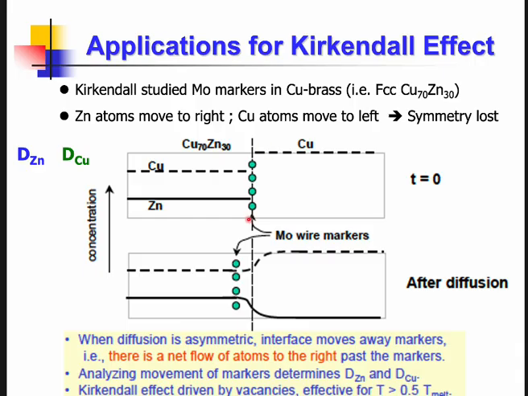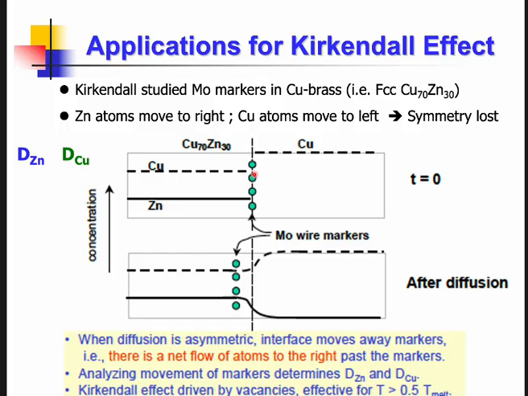At the interface, we use a molybdenum wire as a marker. When we increase the temperature above 0.5 of the melting point for these materials, interdiffusion happens. Then you visualize the marker move to the left-hand side to here.